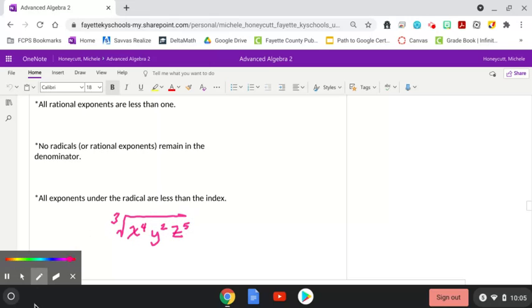Here my index is 3. I'm going to inspect all of these exponents and make sure that none of them are higher than 3. Well, 4 is higher than 3, x to the fourth, and z to the fifth is also higher than 3, so I would need to simplify the x to the fourth and the z to the fifth in order to be considered completely simplified.